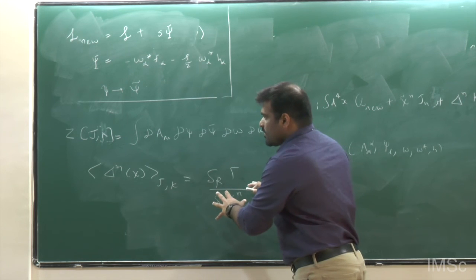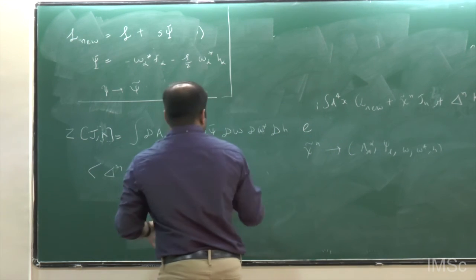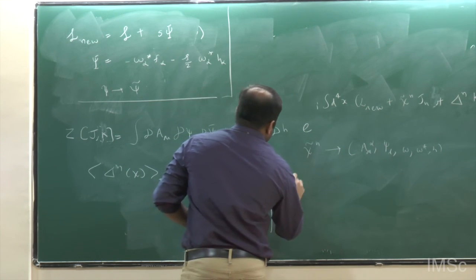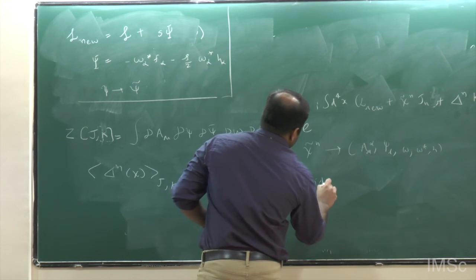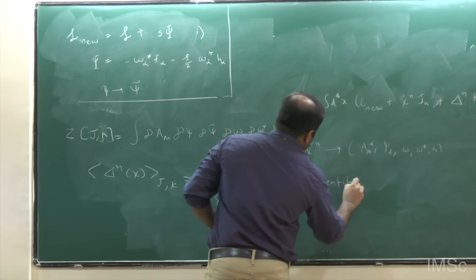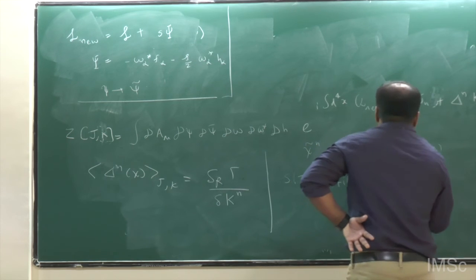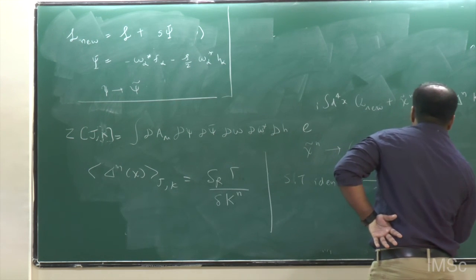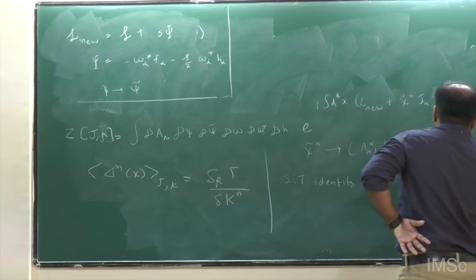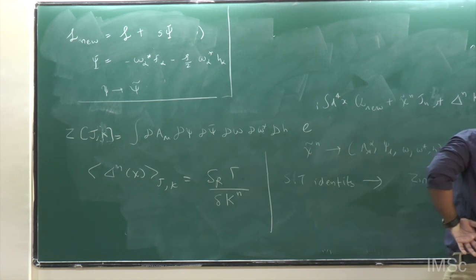And once you have this observation, the Slavnov-Taylor identity takes a nice form. So you get something called the Zinn-Justin equation, or Zinn-Justin identity.